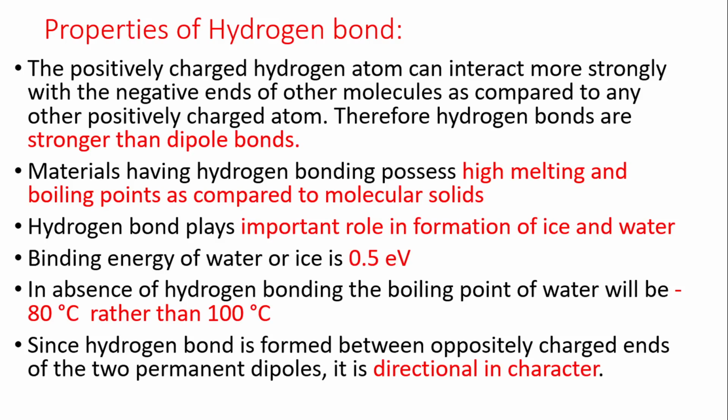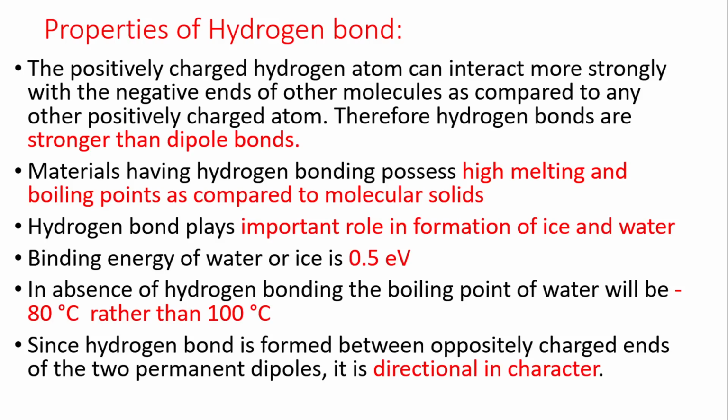For example, we have studied the van der Waals bond, which is a dipole induced dipole bond, but it is much weaker. Here it is a hydrogen atom, so hydrogen bonds are stronger, simply due to the strong interaction between the positive side of the hydrogen atom and the negative side of the electronegative atom.